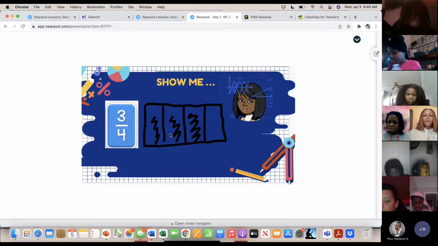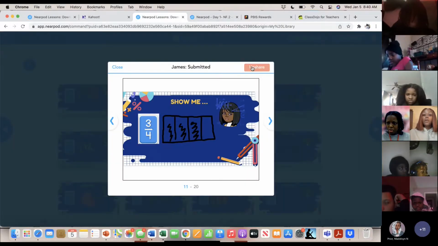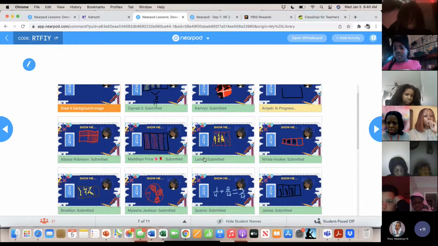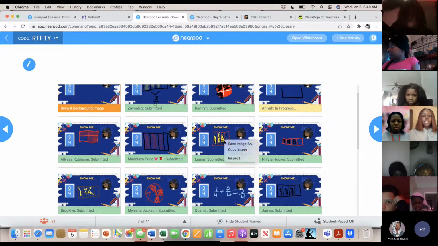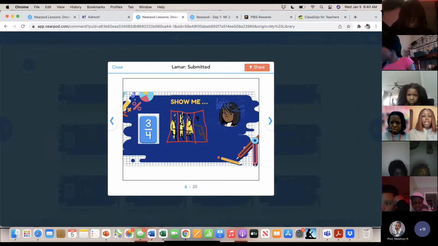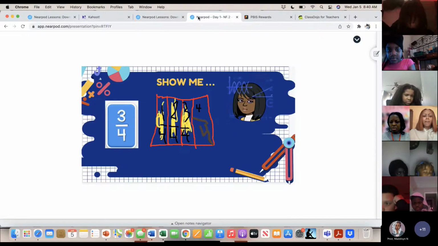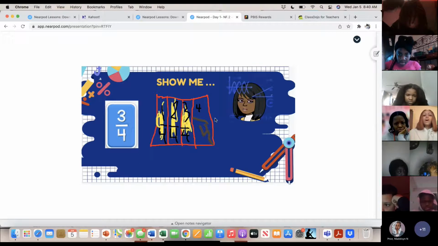And then also what I want y'all to notice about Jay's, most of his parts are equal. So I saw some of you all drawing and you drew 4 parts, but it wasn't equal. Lamar, this looks good. He has 4 parts. Oh, Lamar labeled it. Hold on, I gotta share Lamar's out as well. Lamar wrote inside 1/4, 2/4, 3/4, 4/4, but he only shaded in those 3/4 that are yellow.